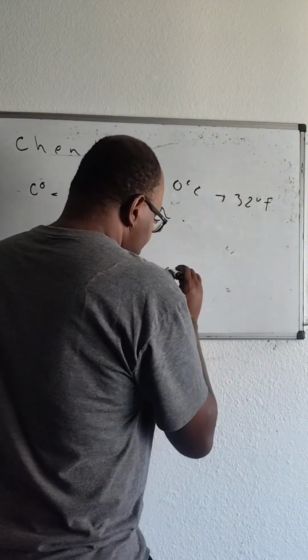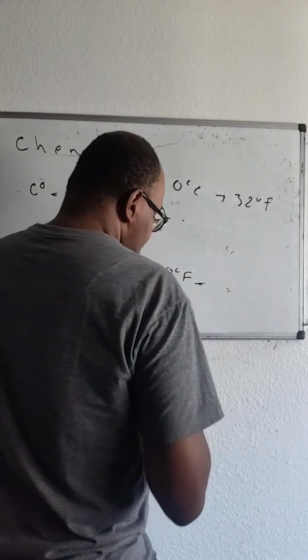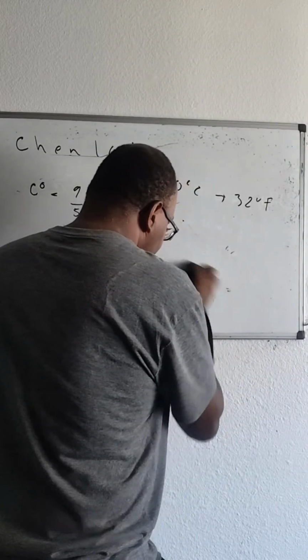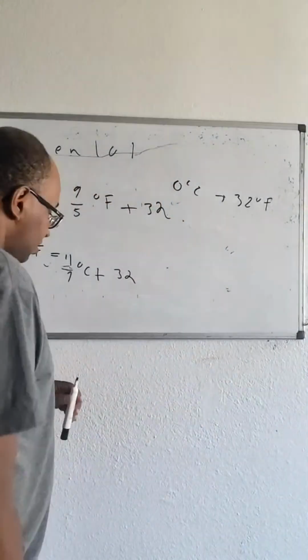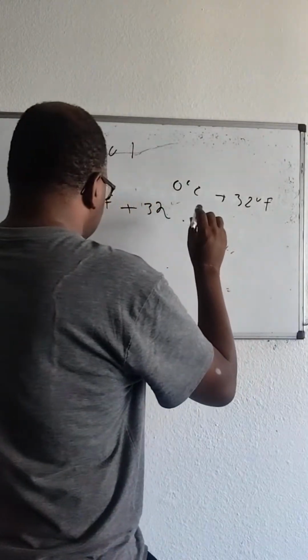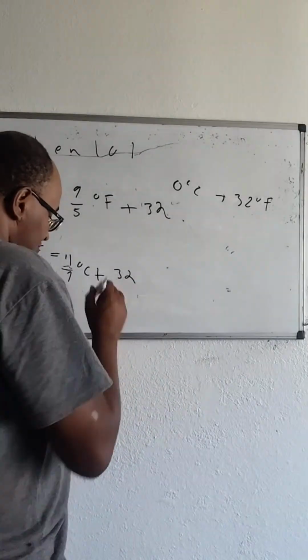So 0 degrees Fahrenheit, actually 0 degrees Celsius. Let me see, hold on. If I put 0 degrees Celsius, something ain't right. We're going from Celsius to Fahrenheit, so we'll put 0 degrees here.